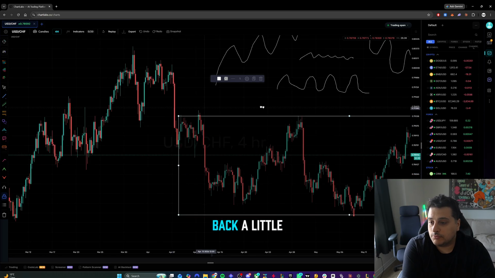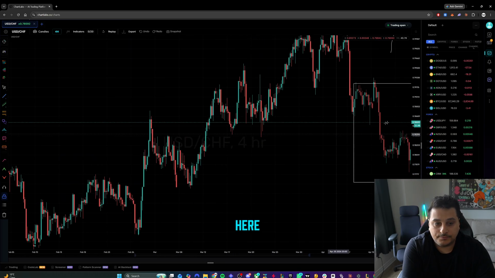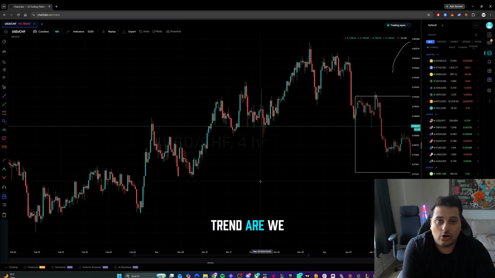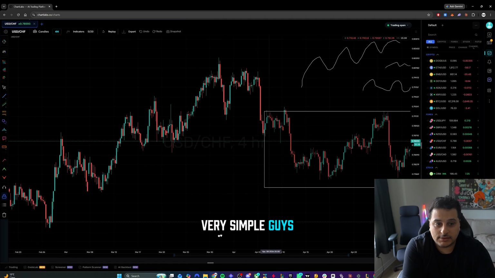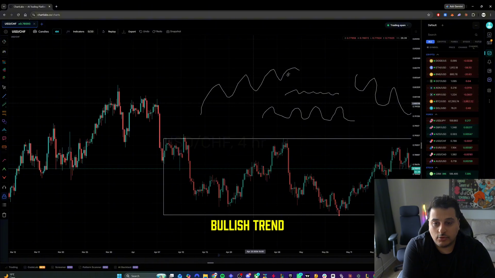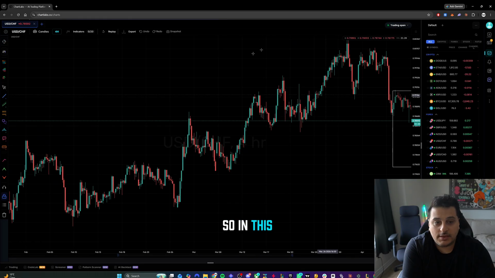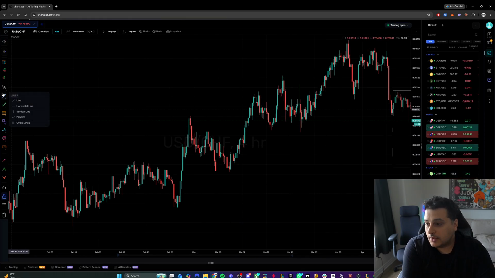So let's go back a little bit and take a look over here. In this section of the chart, what type of trend are we in? Very simple, guys. We can see we're in a bullish trend, right? It's a staircase going upwards. So in this section here, we would have wanted to buy all the time, right? How do we know this?